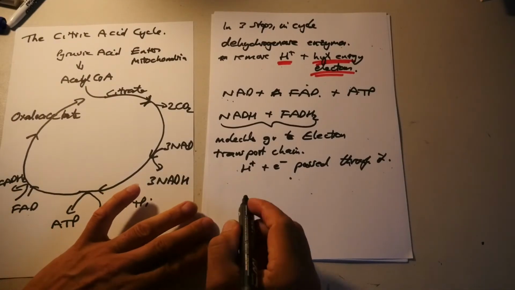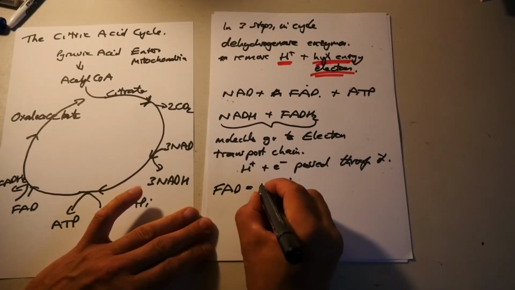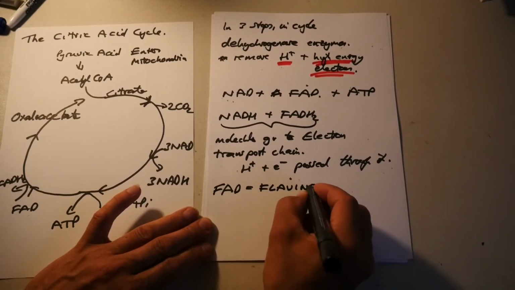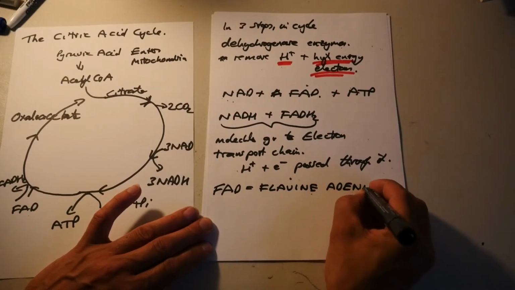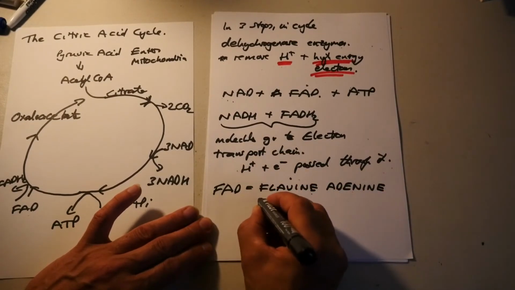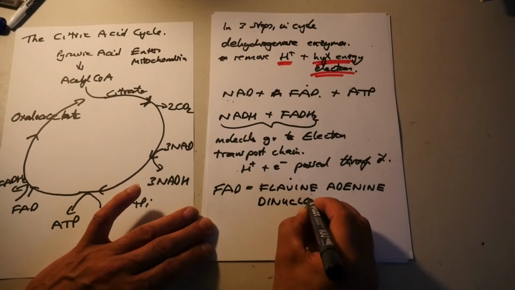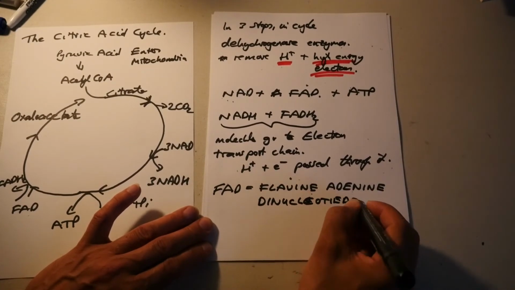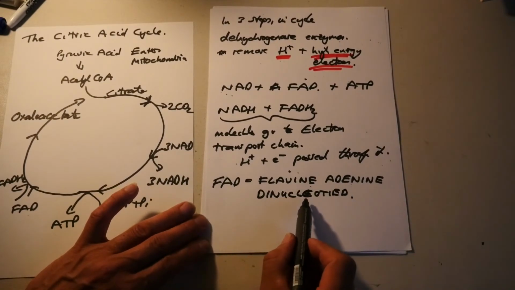So yeah, quick mention, FAD stands for flavine adenine dinucleotide. That should be an E there.